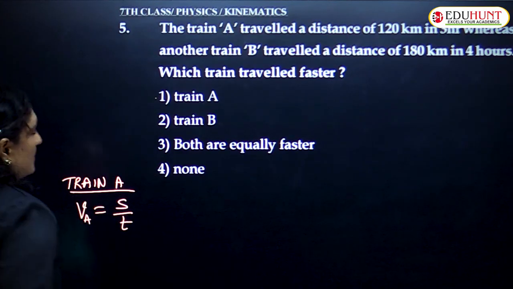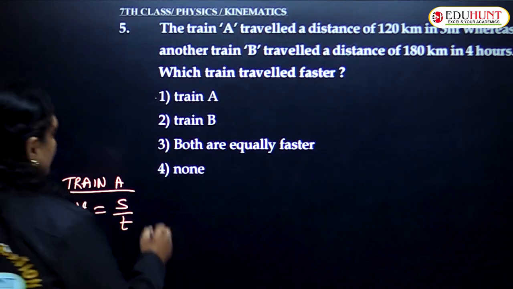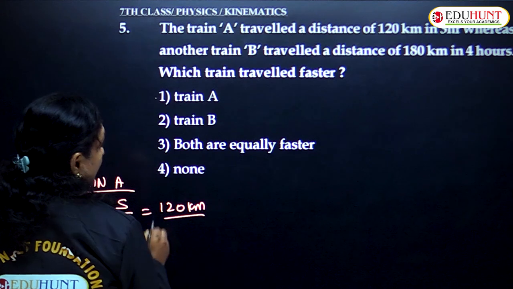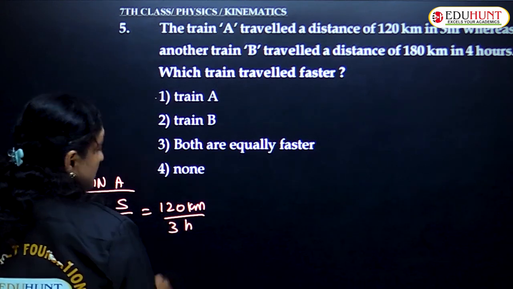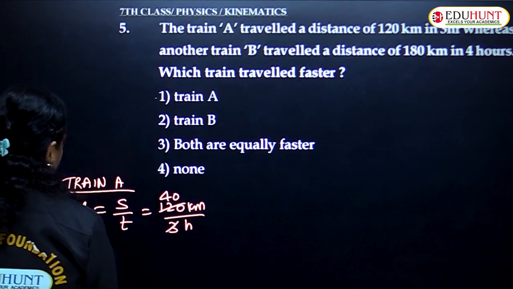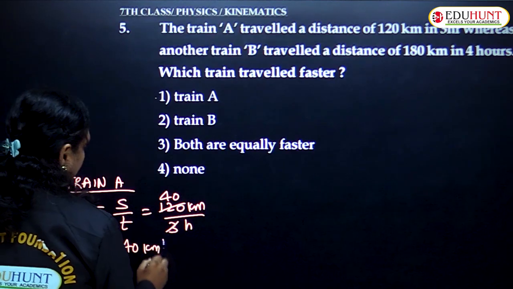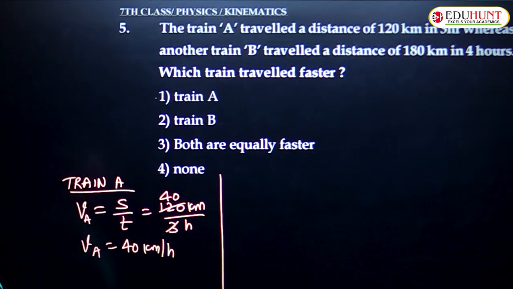How much is the distance it covered? It travels a distance of 120 kilometers in how many hours? 3 hours. Hence, after simplification, the speed of A is found to be 40 kilometers per hour. Isn't that so, children?